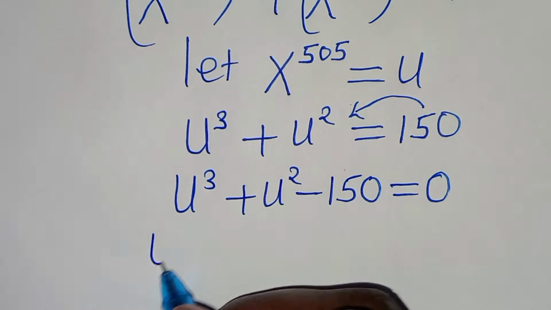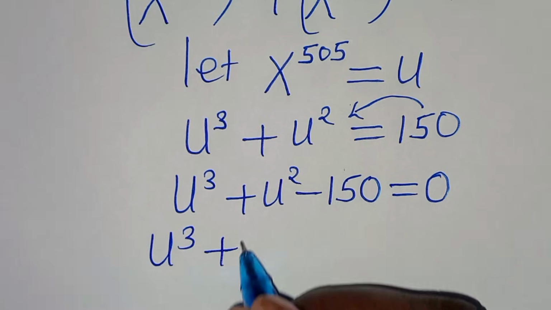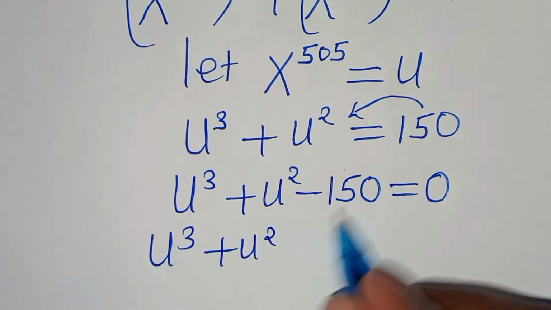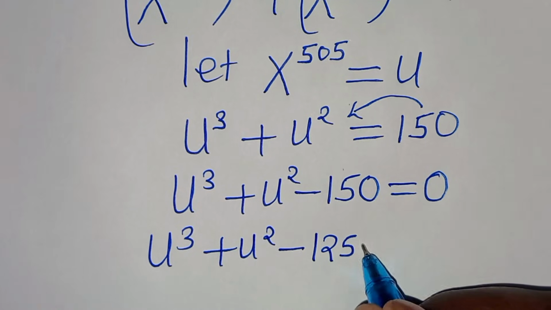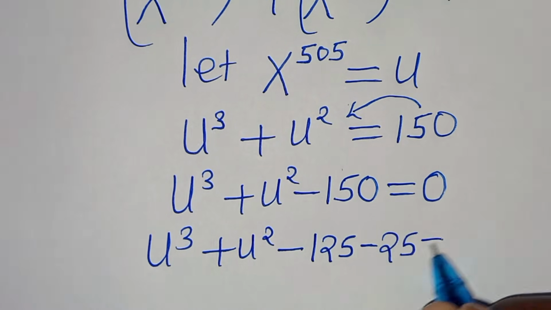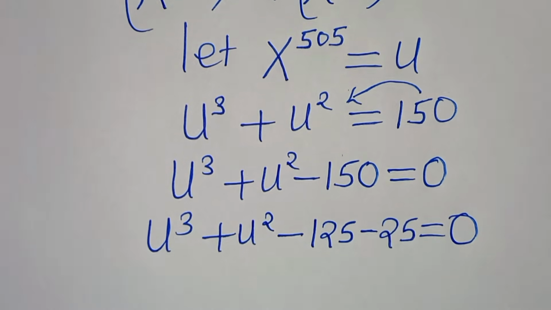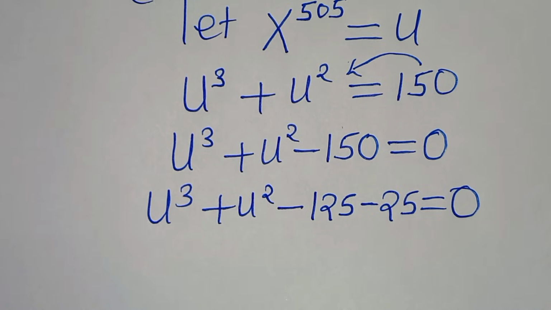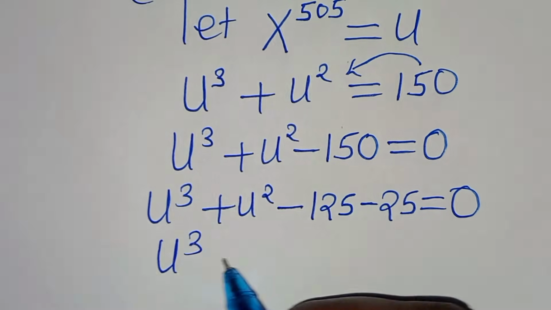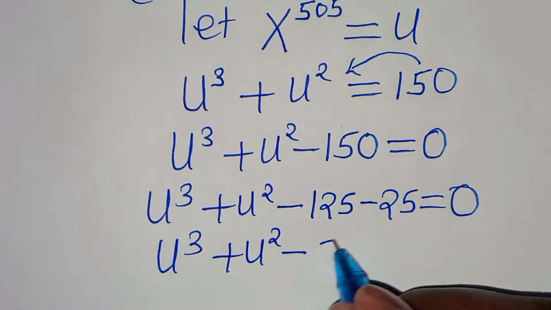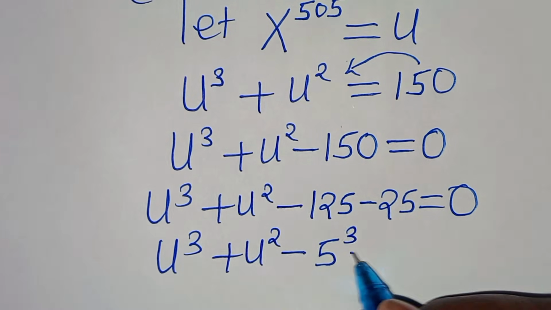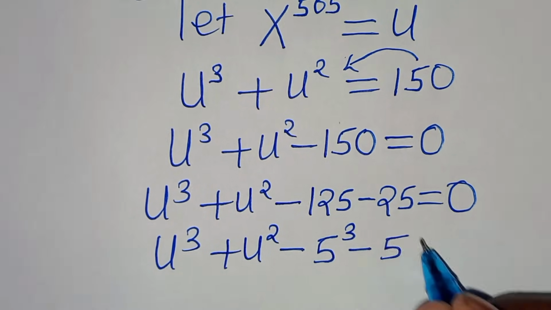So we have u to the power of 3 plus u to the power of 2 minus 150, which is minus 125 minus 25. This is equal to 0. So we have u to the power of 3 plus u to the power of 2 minus 125, which is 5 to the power of 3, minus 25, which is 5 to the power of 2.